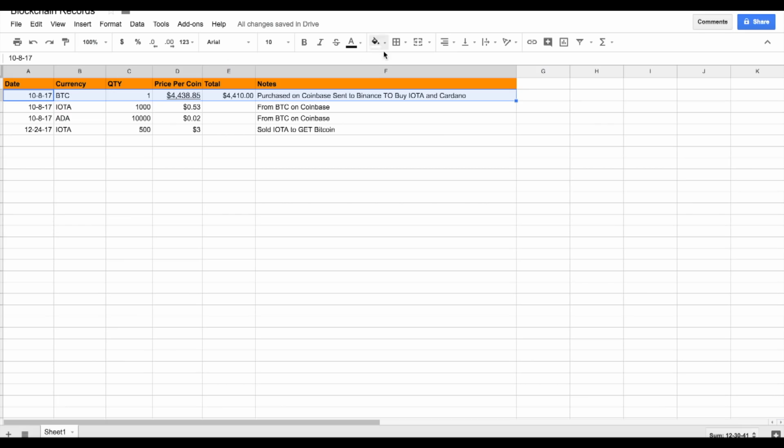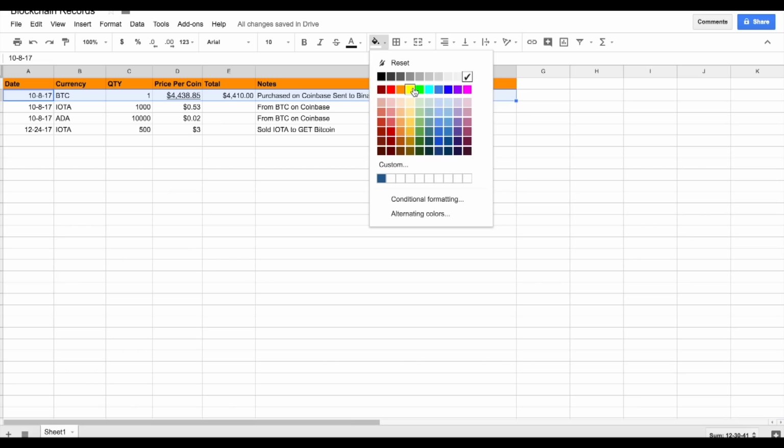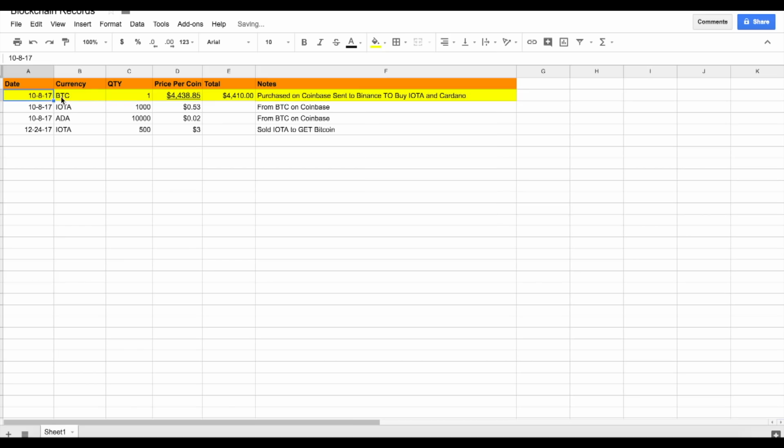You would highlight this if you wanted. The exchange stuff you don't highlight, but every time you inject money into the market, you can highlight it so you know every time that there was a cash injection from fiat into cryptocurrency.